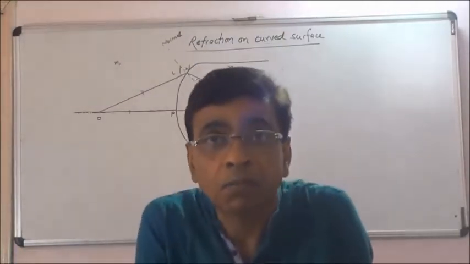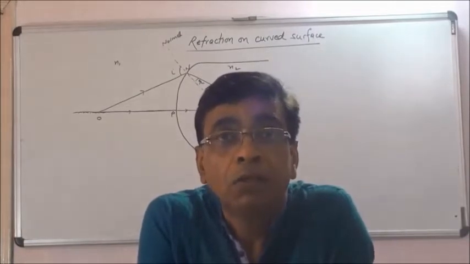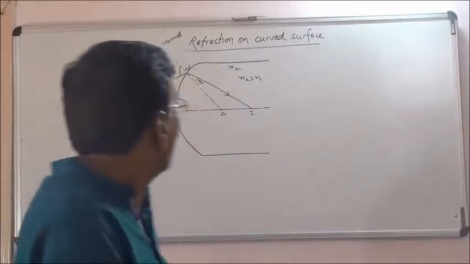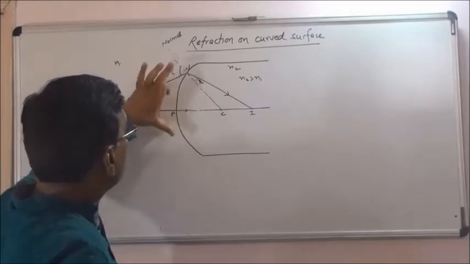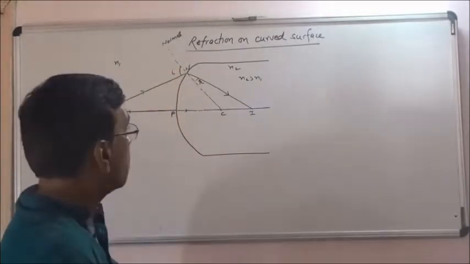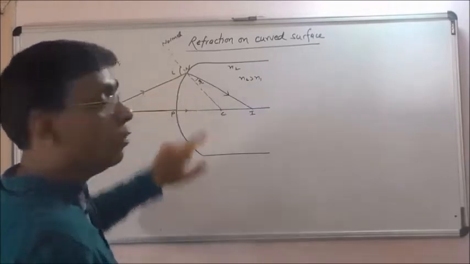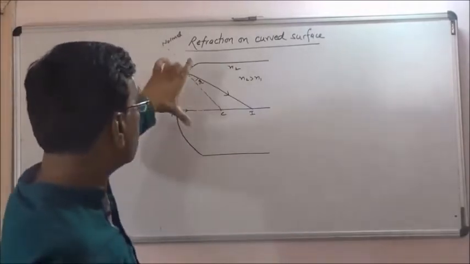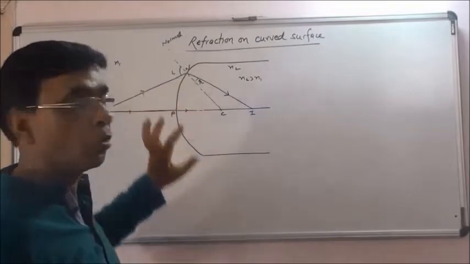There are certain assumptions to be made, so first note them down. We will take curvature is small. First assumption, curvature is small. We will deal with paraxial rays only. So if this is small, the rays will be close to this.